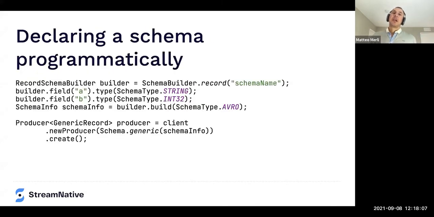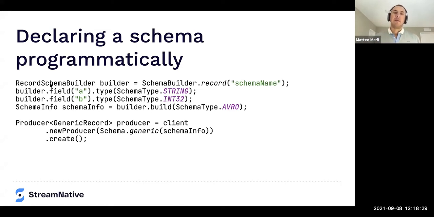The other way is to declare a schema programmatically. If you don't have a POJO or you don't want to use a POJO, you can build a schema programmatically. You have this SchemaBuilder class that you can use. You can give it a schema name, and essentially you're creating your own type.